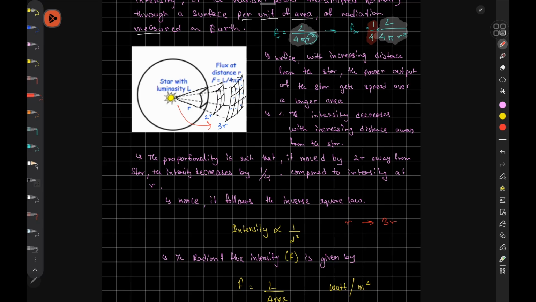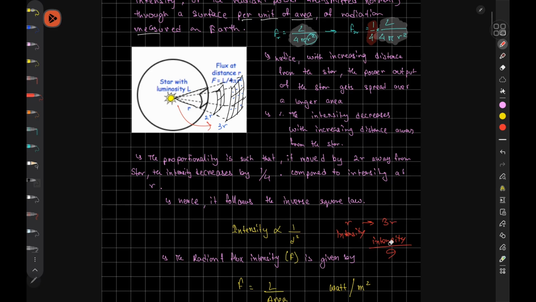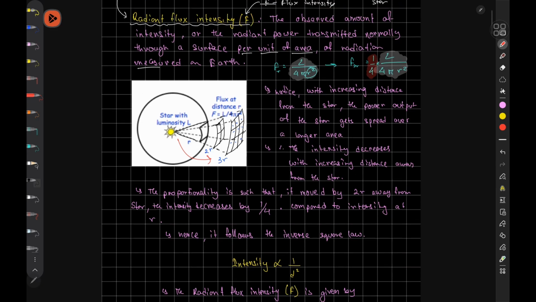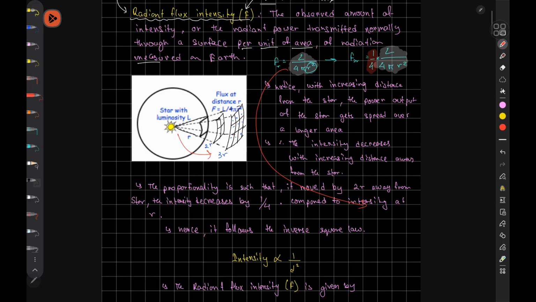Initially it was covering 1 unit area, now it's 9 unit areas. So what was being applied over 1 unit area will now be applied over 9 unit areas. So intensity will be divided 9 times compared to whatever the intensity was here. Do we get that? So our intensity is 9 times less, which follows the proportionality, my friend.